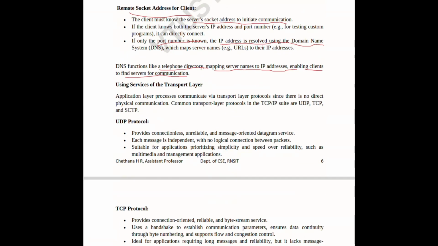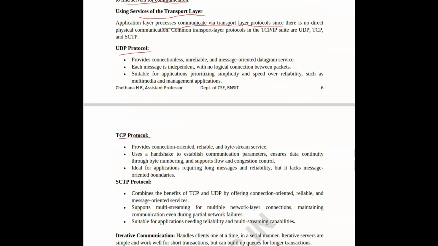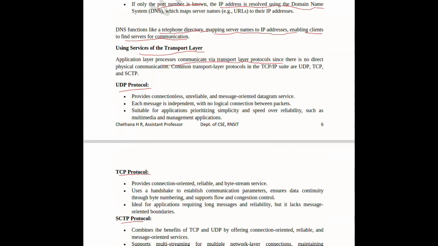Now, using services of the transport layer. For using services of the transport layer, application layer processes communicate via some protocols. These protocols are UDP protocol, TCP protocol, and the SCTP protocol. UDP protocol provides connectionless, unreliable, message-oriented datagram systems.